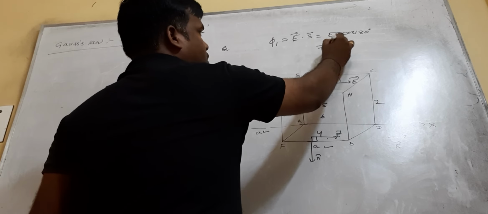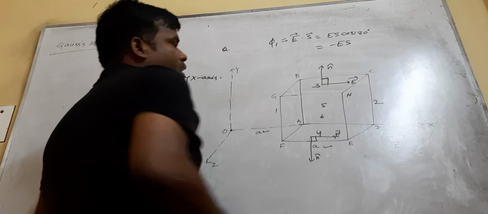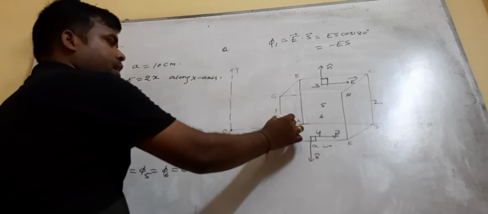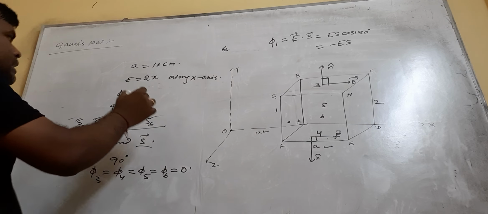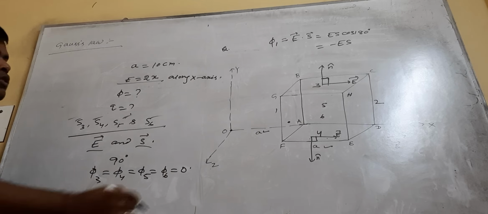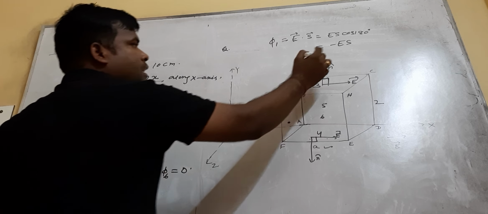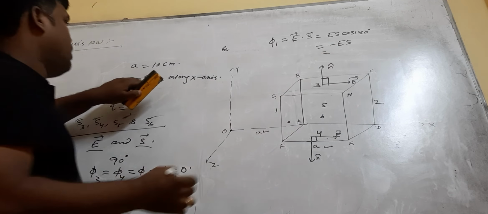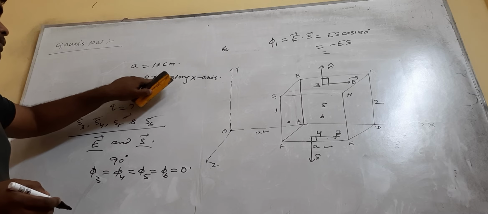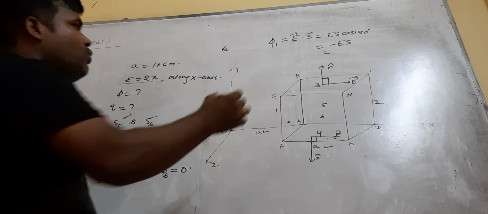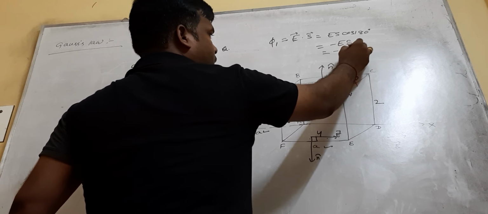That is equal to minus ES. So what is E here? Electric field for this face, and as electric field depends upon x, so what is the value of x here? That is x is a. You put a in place of x, so E is equal to 2a, minus 2a.